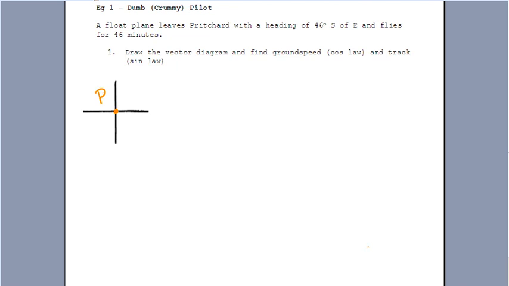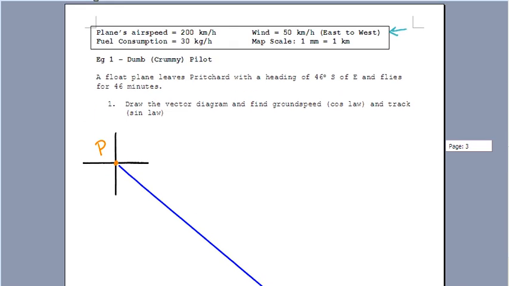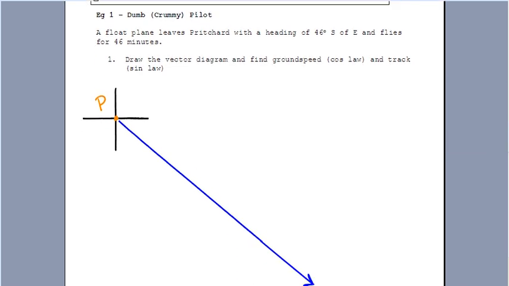And Jimmy points his plane 46 degrees south of east and takes off. That plane can go 200 kilometers an hour. So you don't need a protractor to measure, but get the line at maybe something close to 45-ish, 46-ish. So I'm going to draw something like that. And now we really carefully want to label that 46 degrees south of east.